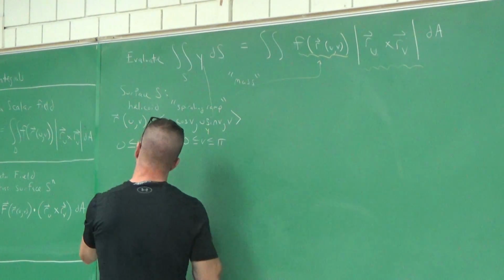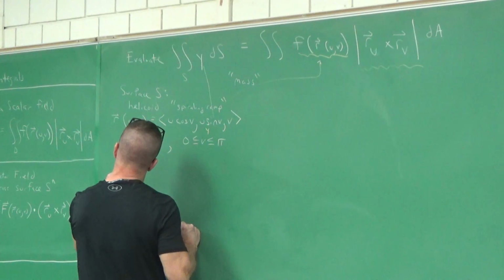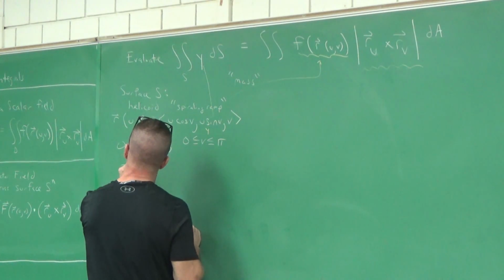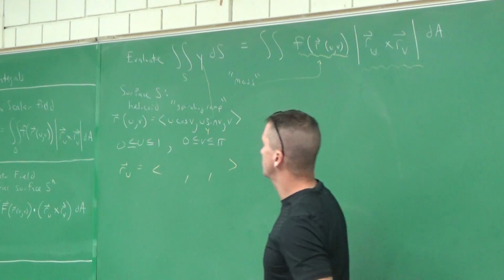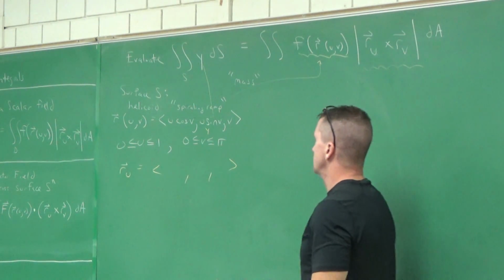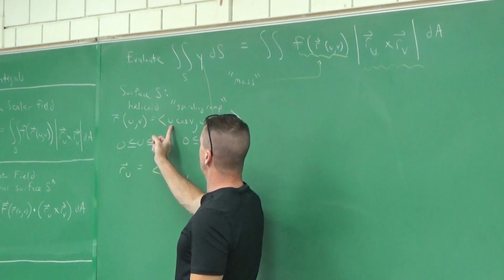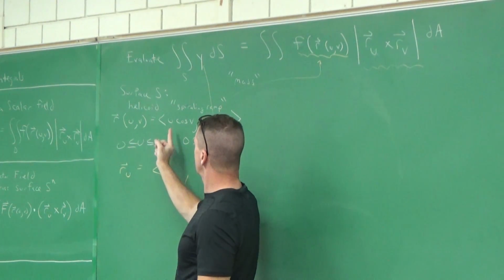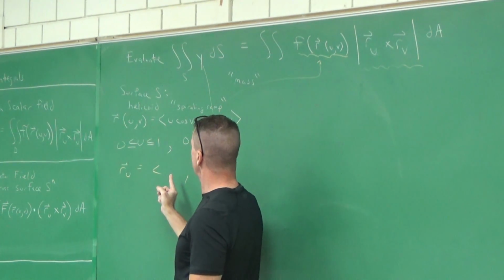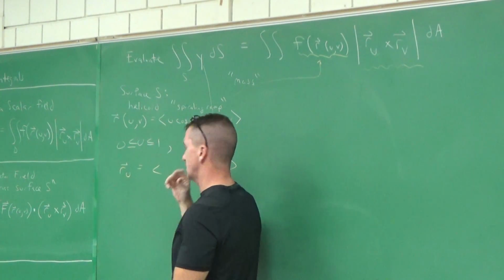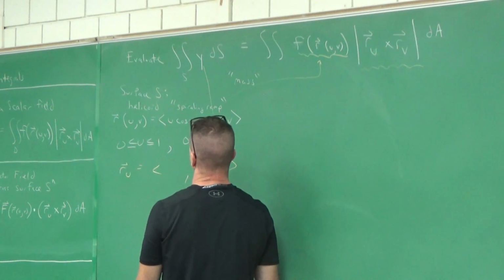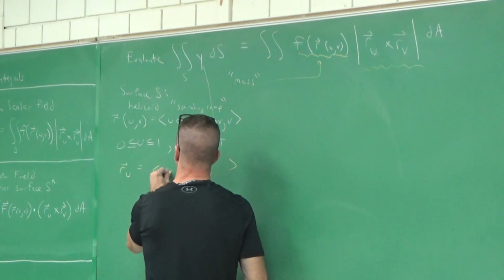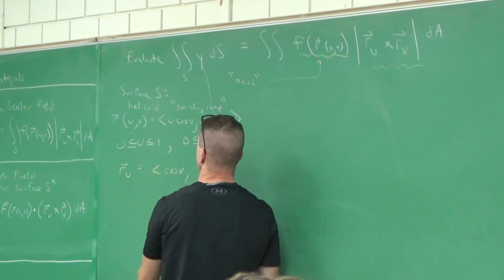Let's go over here. What's the partial with respect to u? Let's do this cross product. Negative sine v. Negative sine, right? Negative sine v. And do I have to keep the u? No. Love it. So the derivative with respect to u of u cosine v, is it just this? Is that right?